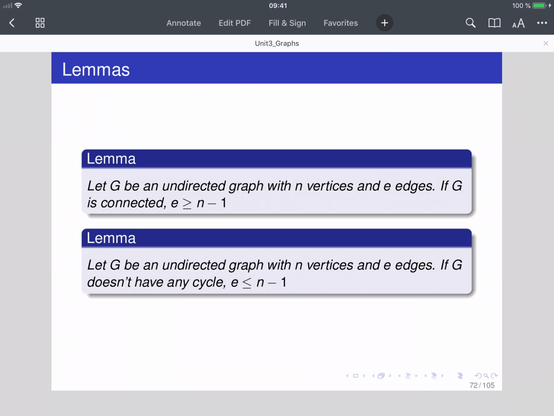Okay, so in this slide and the next, I'm going to prove some properties about the number of edges and the number of elements, the number of vertices in a tree. What is the relationship between the different elements in a tree, the edges, the vertices, and so on.